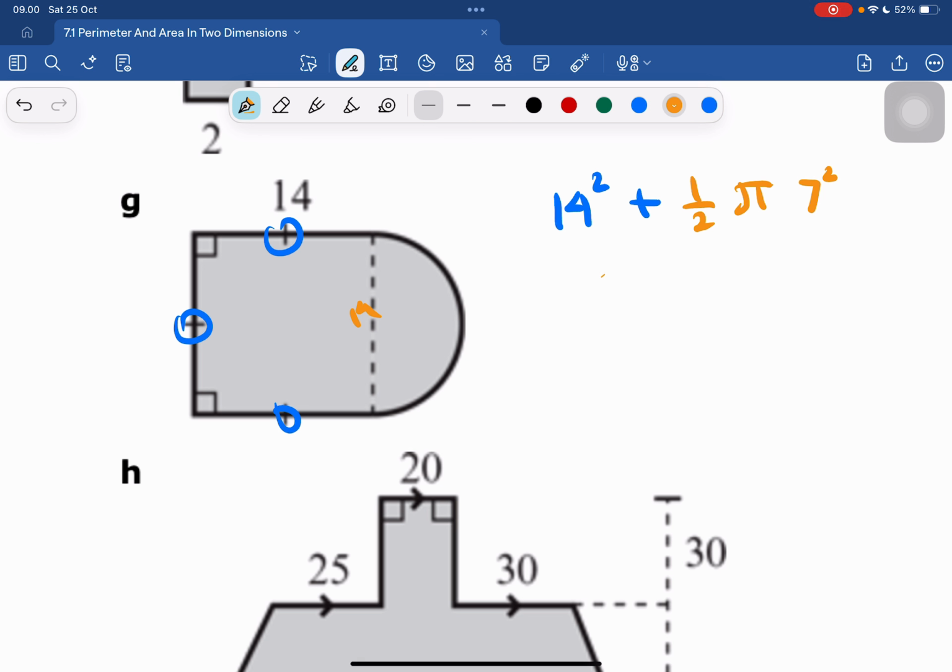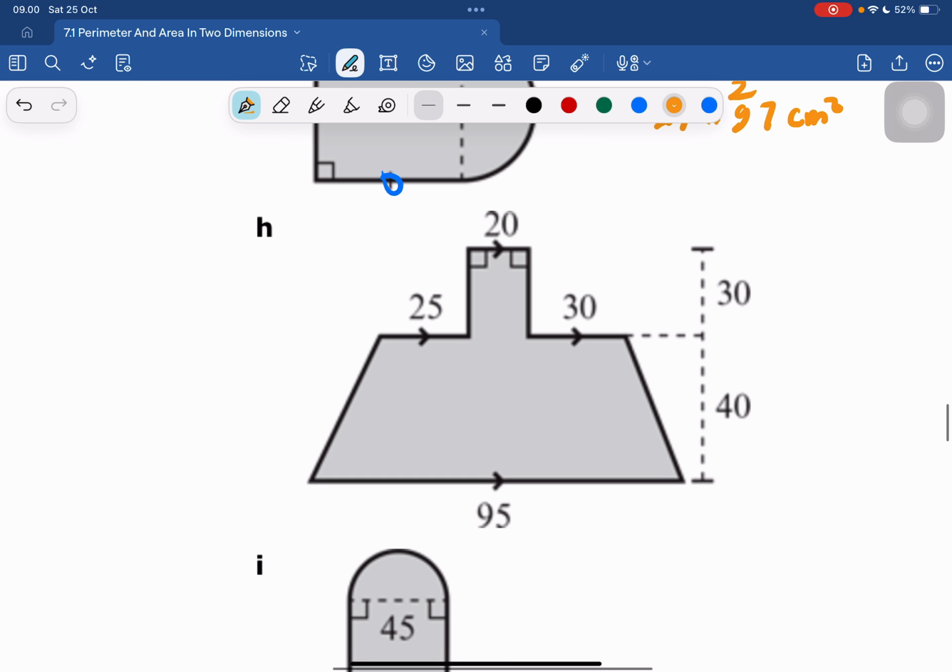So 14 square is 196 plus this is 49 over 2 times pi. Pi is 3.14. So after the addition and calculation, it's going to be 272.97 centimeter square.